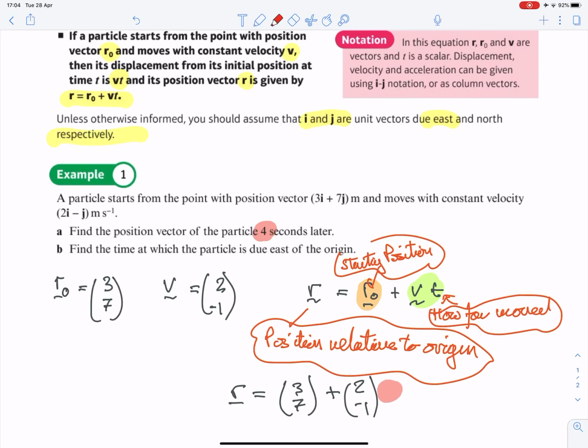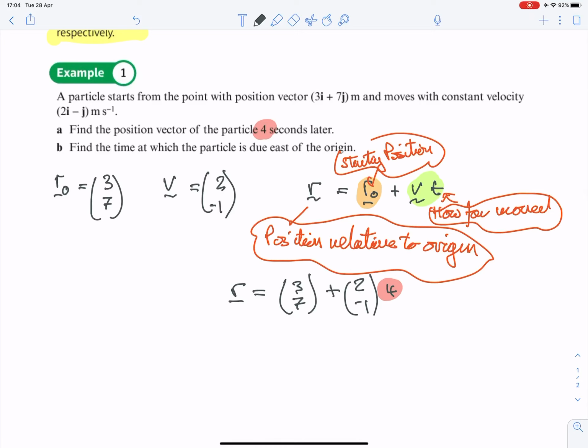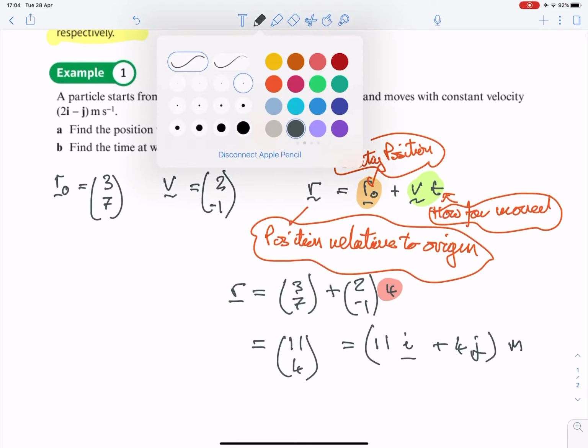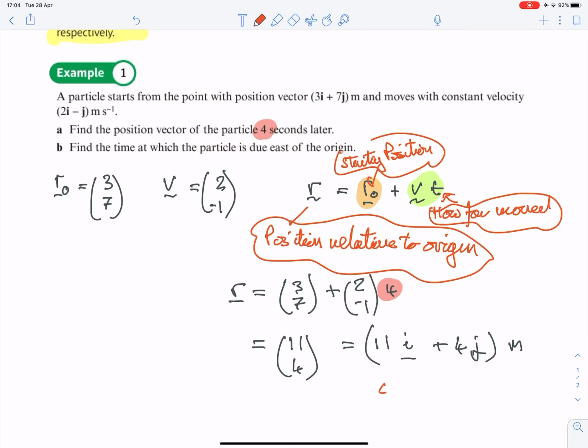So r is equal to 3 plus 2 times 4 is 8, which is 11, and 7 plus negative 1 times 4 is 3. So I'm going to convert my answer back to i and j notation, so it's 11i plus 3j meters. I convert it back because that's the form that the question came in.